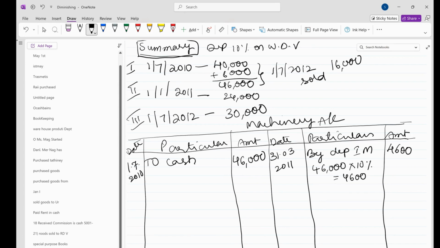From 1st July to 31st March, how many months do you calculate? July, August, September, October, November, December, January, February, March. 10% is for 1 year, no ma'am? So we used it only for 9 months. So 4,600 by 9/12, how much will you get?